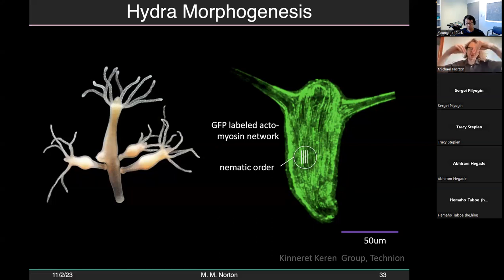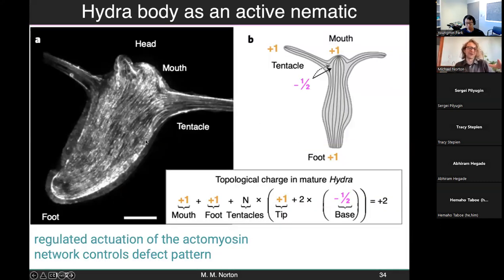So this organism is basically one big muscle, but there's some interesting topology going on where we have defects that locate various features of the animal. And one thing that's been proposed is that these defects in this actomyosin network are at least in the mix in terms of helping regulate the body plan of this animal.